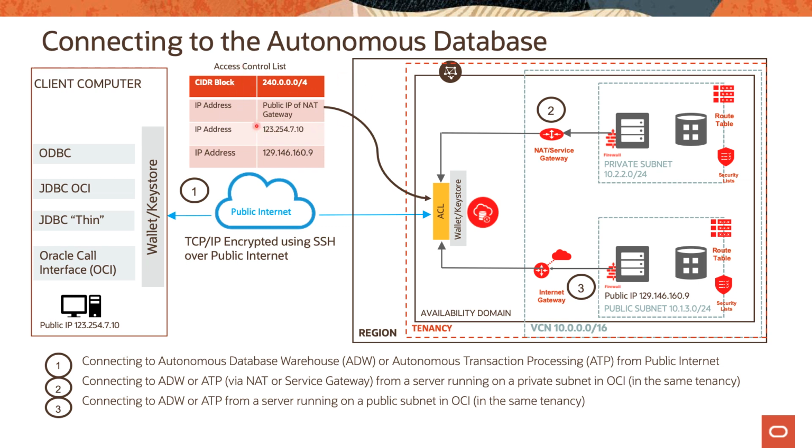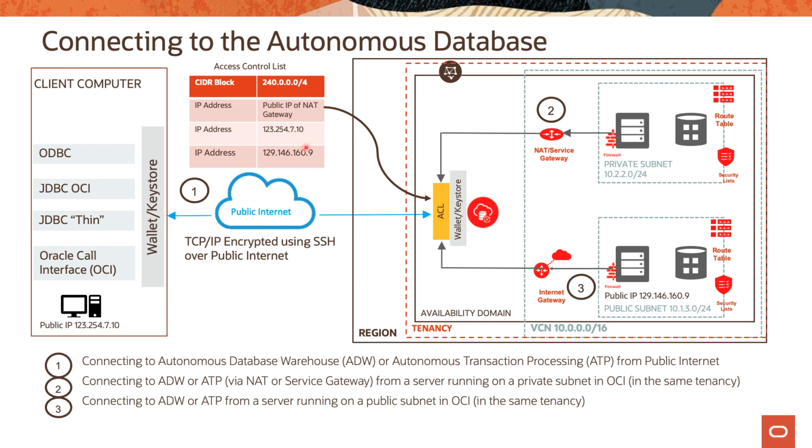Once the access control list is populated, if a user tries to access autonomous database, the service will look at the access control list and determine whether this particular connection is valid or not. If the IP address doesn't fall in this list, then the connection gets rejected.